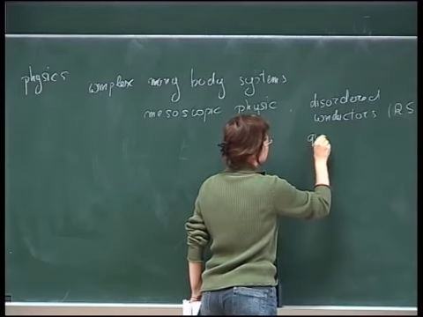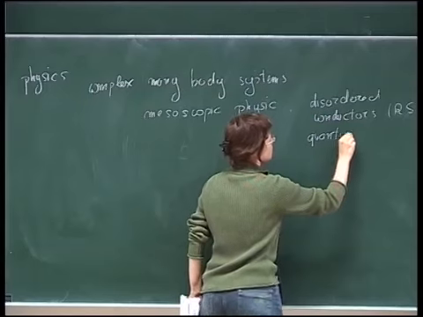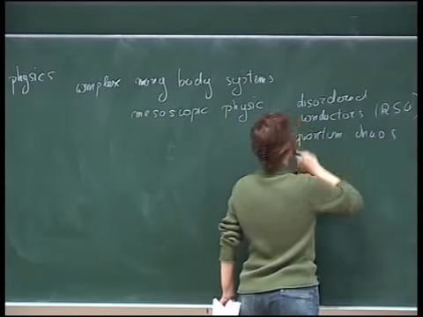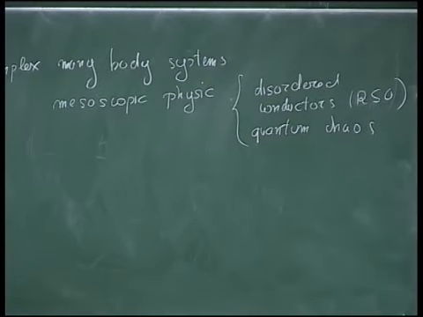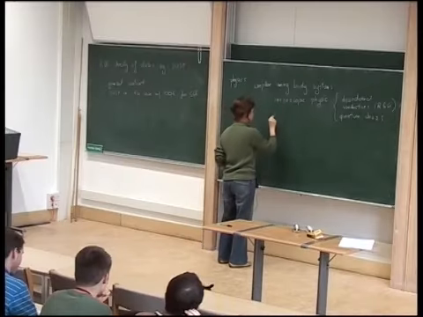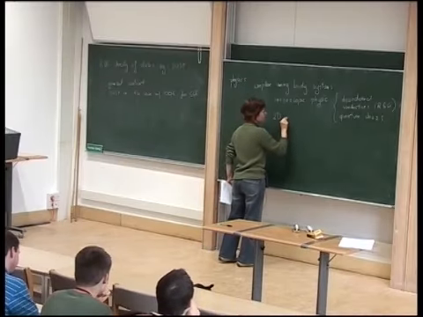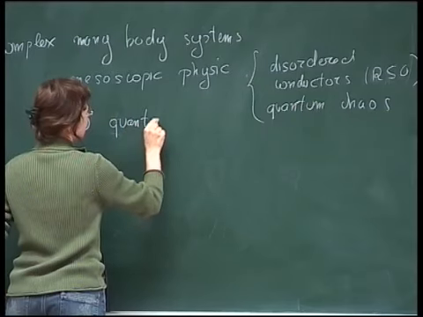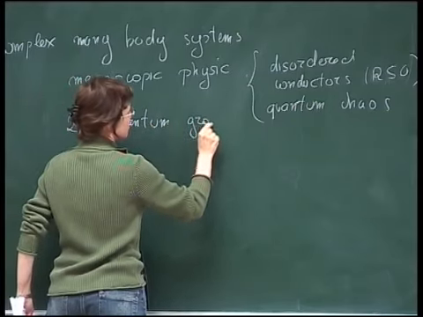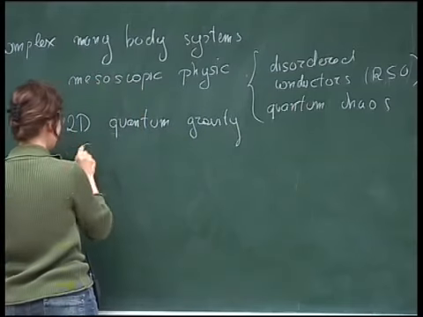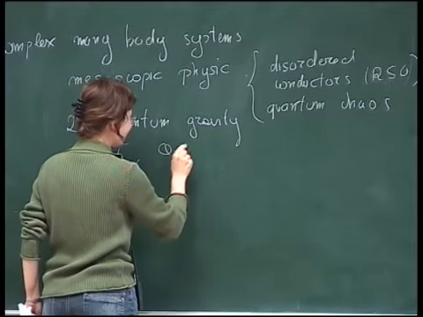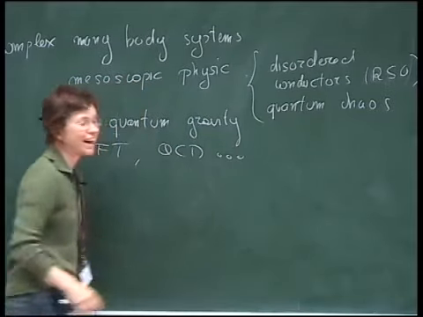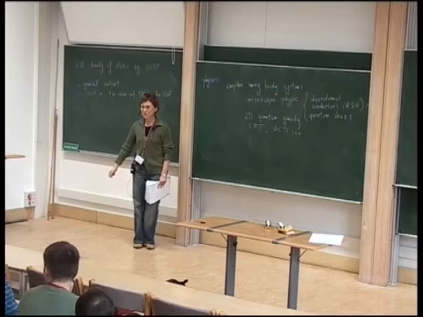And also quantum chaos. Actually, there are other fields in physics where random matrices appear, for instance 2D quantum gravity, conformal field theory, QCD, and I'm sure there are others. So you have the choice.